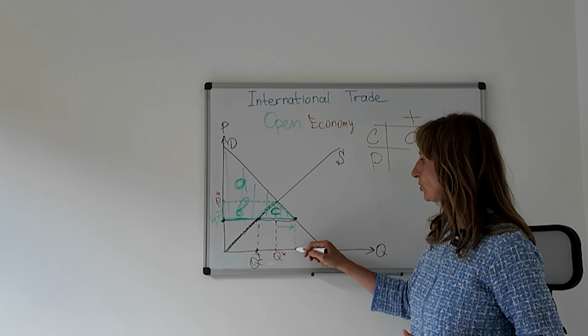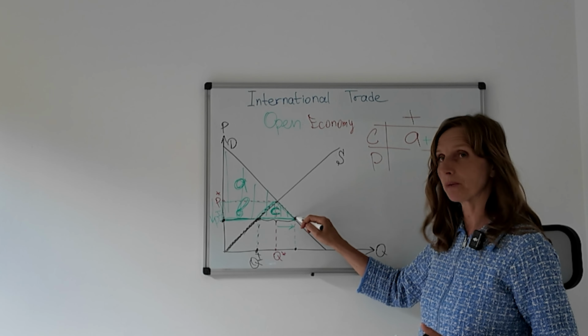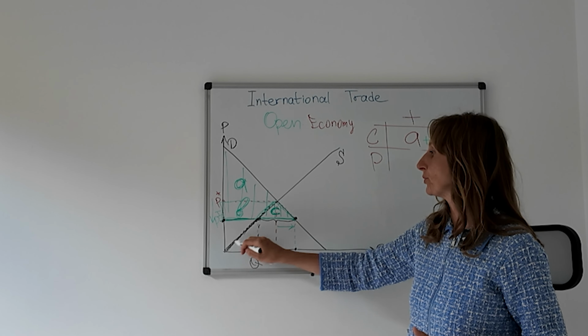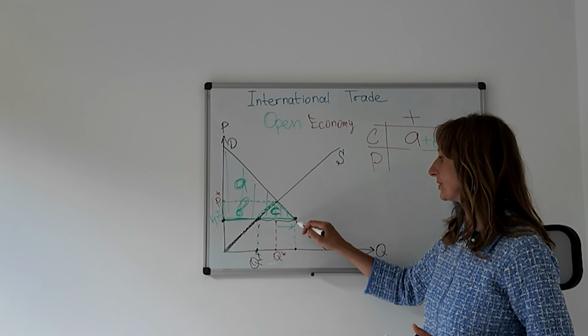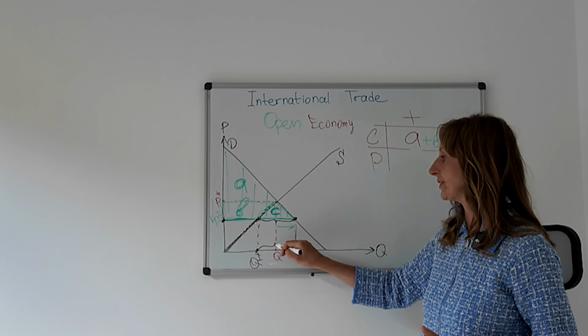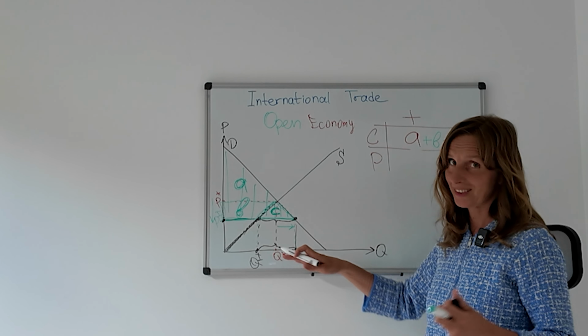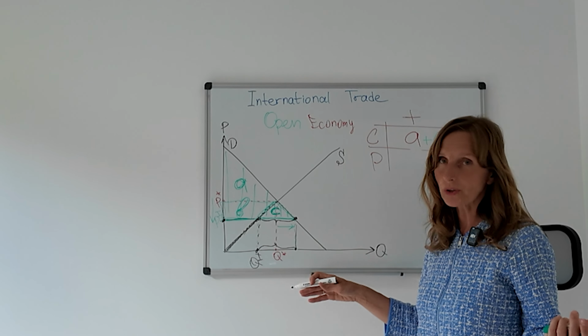But the consumers consume this amount of goods. Where does it come from? Produced is this amount and consumed is this amount. What is then this quantity of goods? It is imported goods.